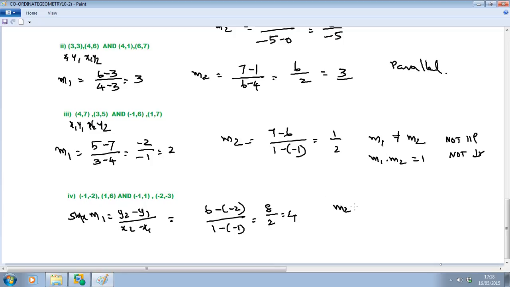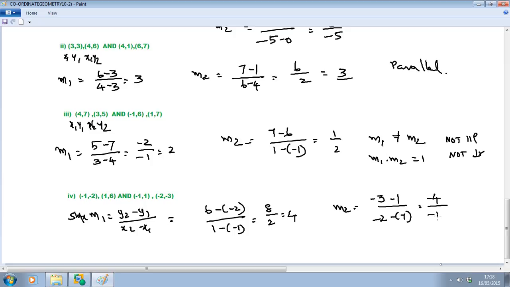And m2 is equal to minus 3 minus 1 divided by minus 2 minus 4 minus 4, equal to minus 4 divided by minus 1, since minus of minus becomes plus.